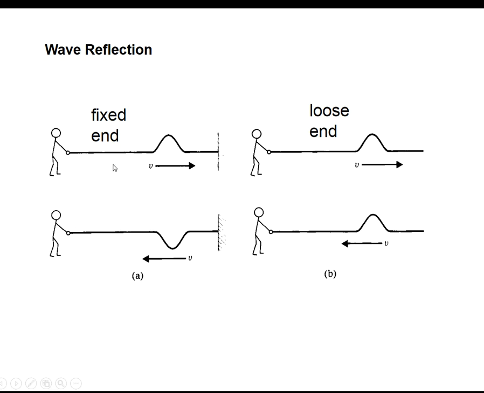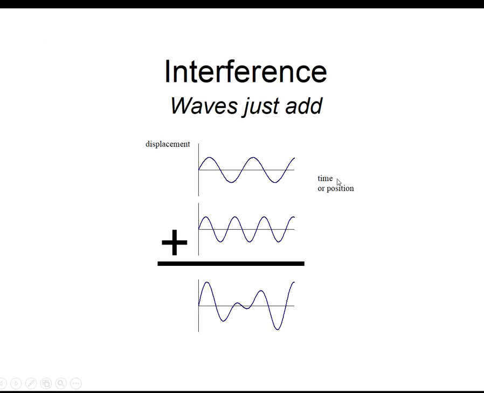That wave is traveling at the same speed so long as the tension is the same in the string. So you can see a wave reflection. Also, if the wave has a loose end, it does pretty much the same thing, except the transverse wave that goes to the right is on the same side as it comes back.